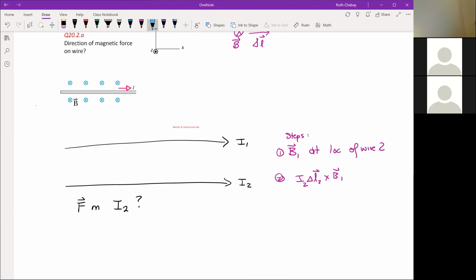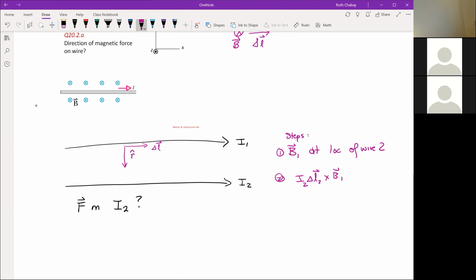So let's see. Going back to predicting directions of magnetic fields, we have a current going this way. So remember that the equation for the magnetic field of a current carrying wire was mu 0 over 4 pi times I delta L cross R hat over R squared. So we have delta L this way. Our observation location is down here at wire 2. So this would be R hat.